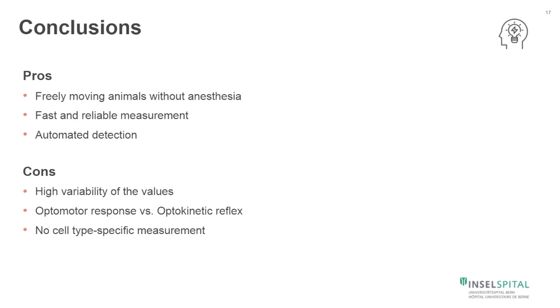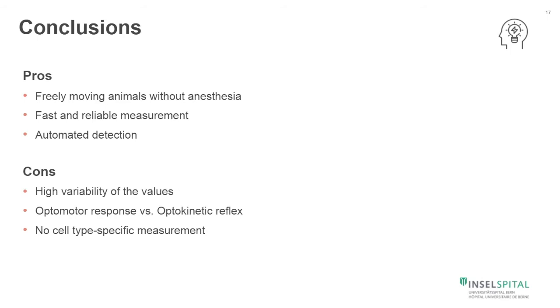On the other hand, because of the automated detection, the values have quite high variability. So you have to have a certain number of animals, and you cannot do any cell type specific measurement in the retina, which you, for instance, could do by using the electroretinogram.